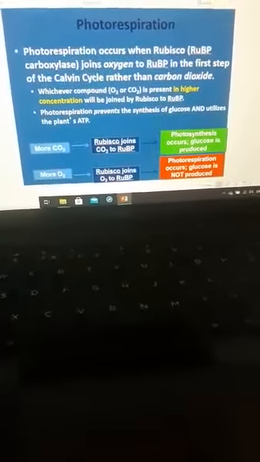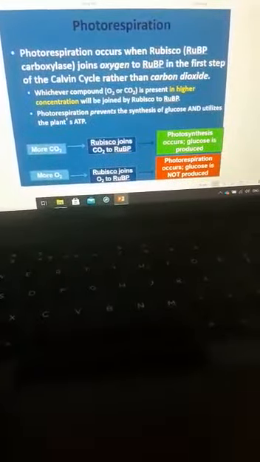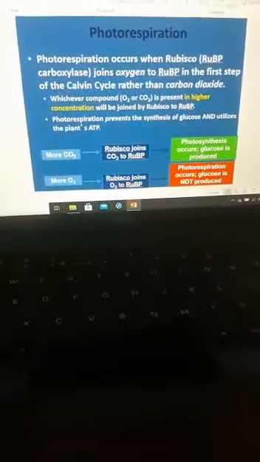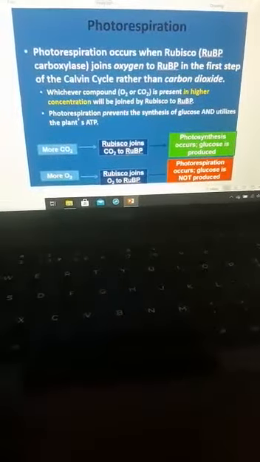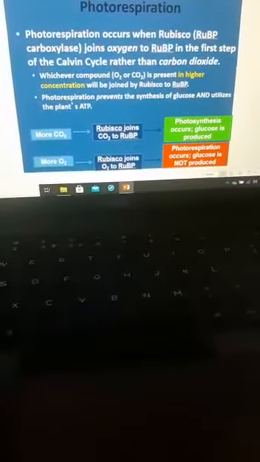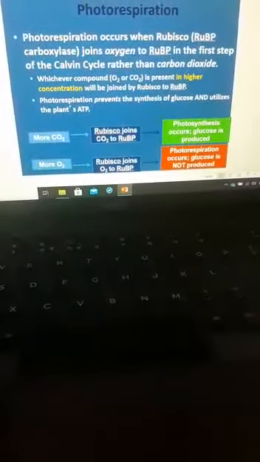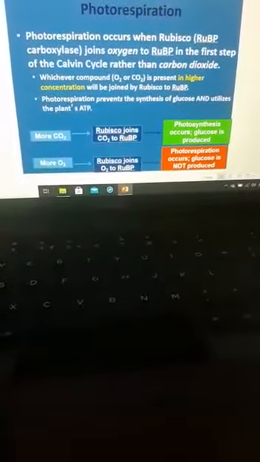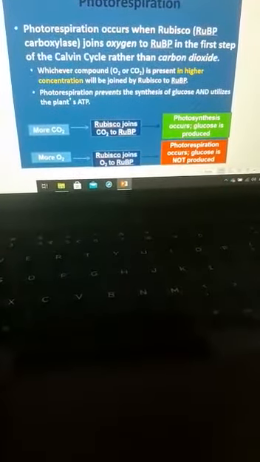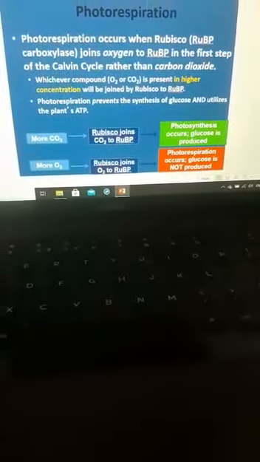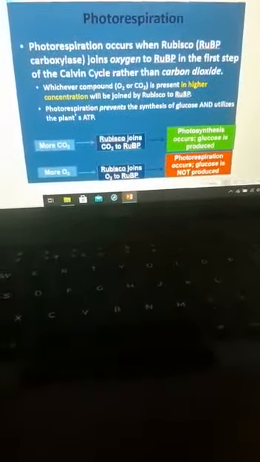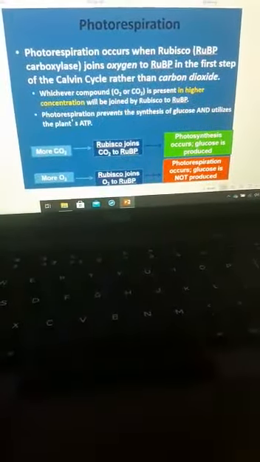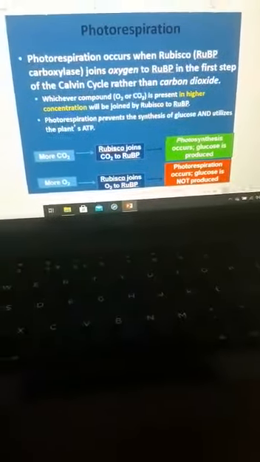By now, you should know that when we talk about photorespiration, we are talking about a situation whereby oxygen instead of carbon dioxide is the one that is joined to RuBP by the enzyme RuBP carboxylase. That is when photorespiration takes place. Remember, the enzyme cannot discriminate between oxygen and carbon dioxide.